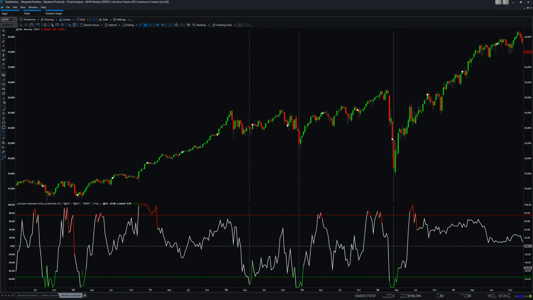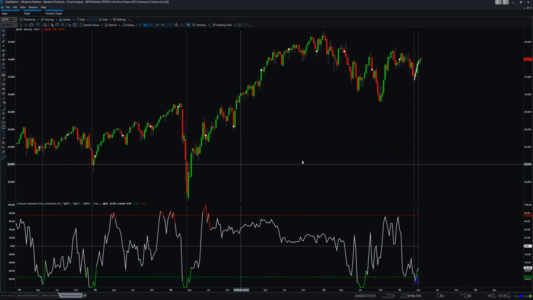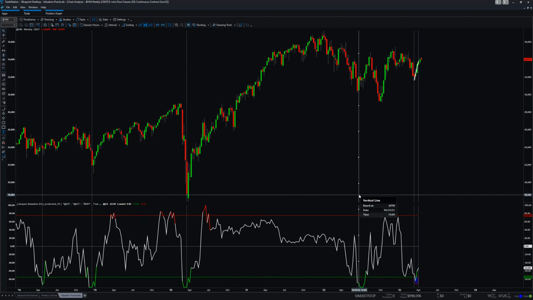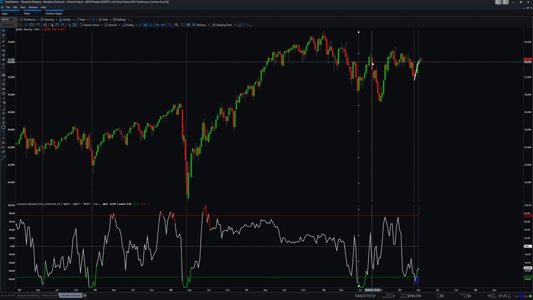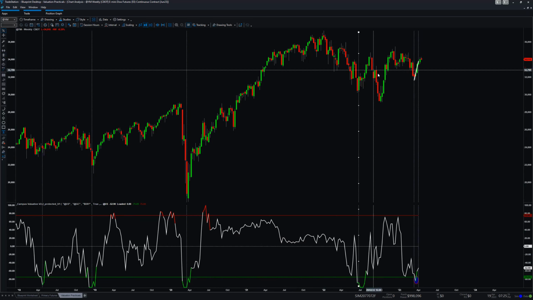Bang on, bang on, bang on, bang on. Too early, but then bang on. Here also Corona, of course, a bit too early. It just all happened way too fast, but then bang on. Here, bang on. And then we came down again. Did a slightly new low, but this one worked for many weeks.